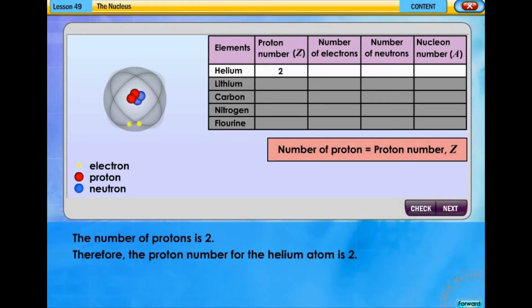The number of protons is 2. Therefore, the proton number for the helium atom is 2.